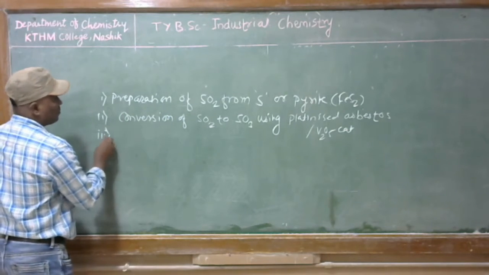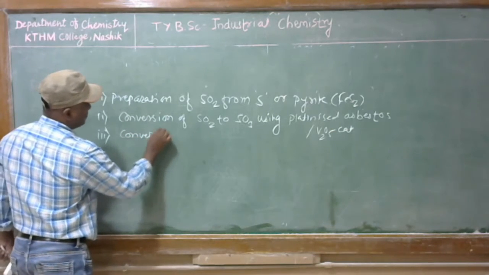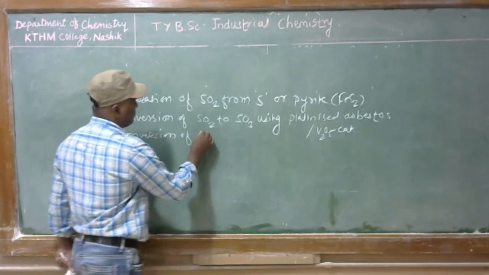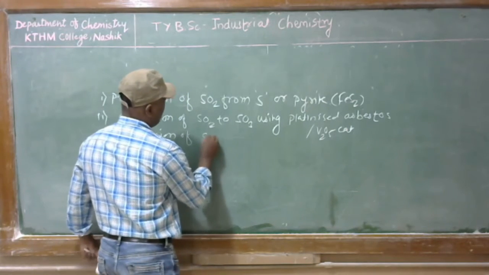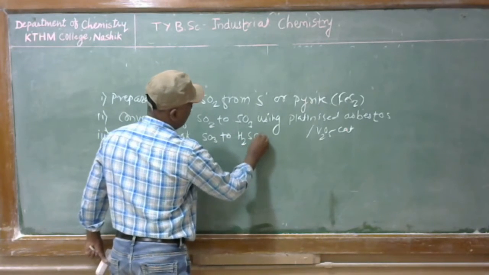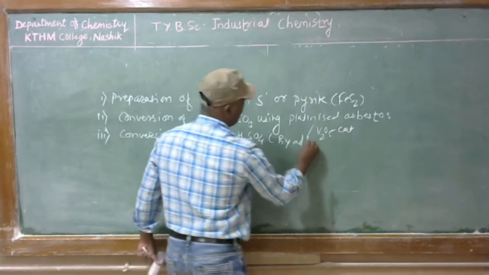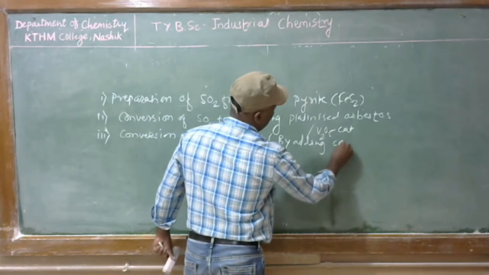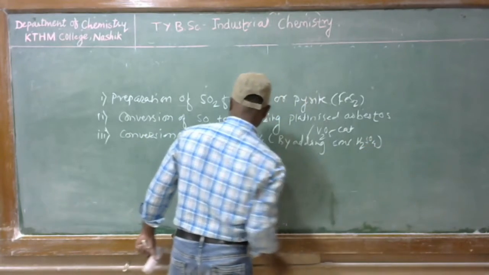And the third step involves the conversion of SO3 to H2SO4 by adding concentrated H2SO4.